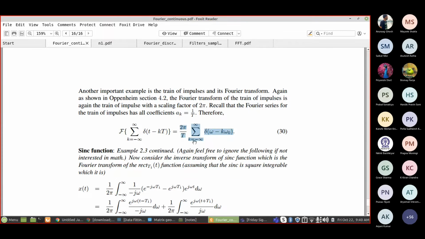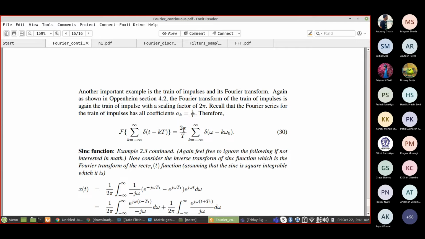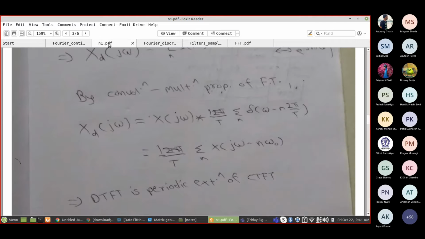So we have 1 over 2 pi turning multiplication into convolution. That 2 pi is going to get cancelled with the 1 over 2 pi, and we are left with 1 over T. Omega naught is 2 pi over T. So 2 pi gets cancelled, we are just left with 1 over T. This stays as it is, and I have written 2 pi over T instead of omega naught. Here again I am writing omega naught.